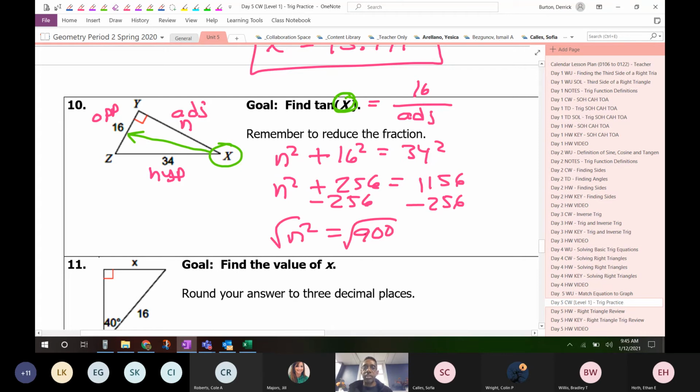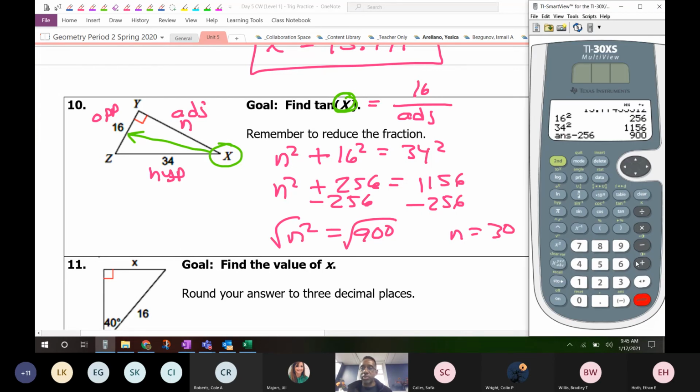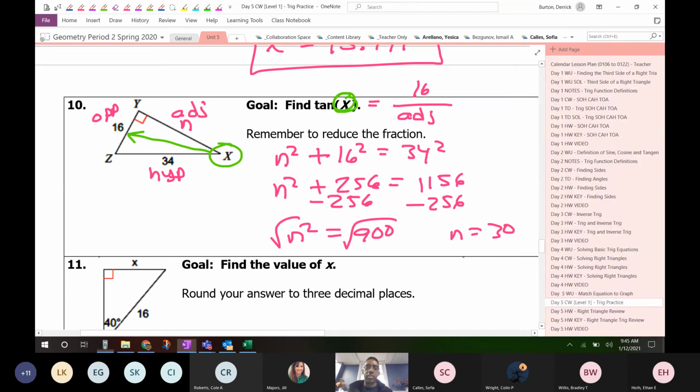Then if you take the square root of both sides, what is this, 30? I'm sure that's 30. So that means the missing side is 30. That's adjacent.